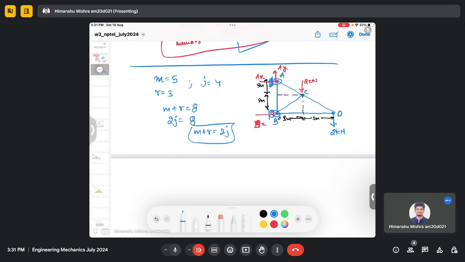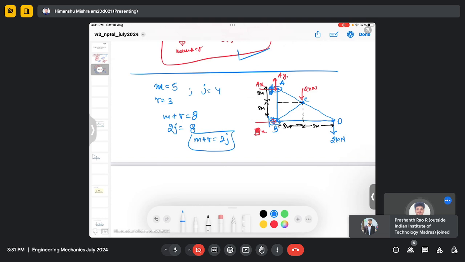So first let's consider an angle alpha here, and we need to find this angle because this will help us find the components of the forces like BC, AC.